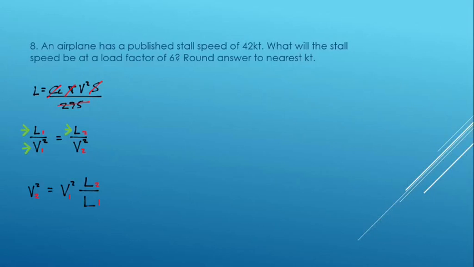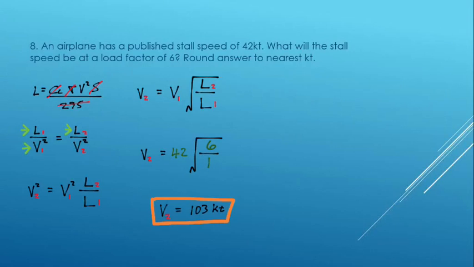Clean up the formula by eliminating the squares, getting the square root of everything. That allows us to isolate the velocities. Plug in the values, and we see that a 42 knot stall speed, when we go from 1 G to 6 Gs, will give us a new stall speed of 103 knots.